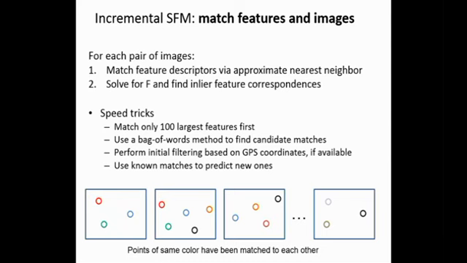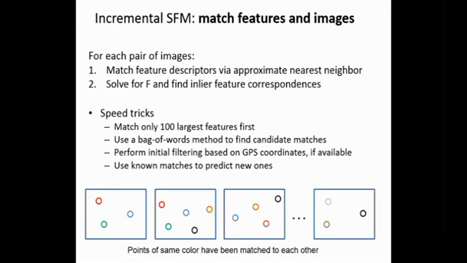It's also really common to use bag of words methods, which we'll talk about more in the next class, to try to find candidate sets of matches. That's where you cluster your key points and then compare histograms or do inverse indexing to try to find similar images.